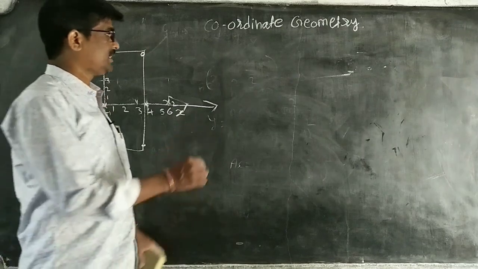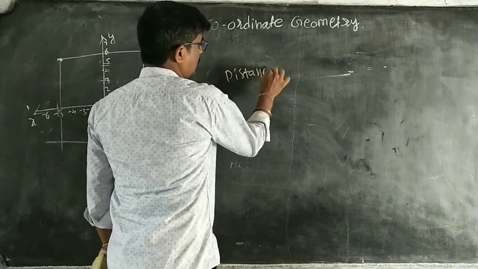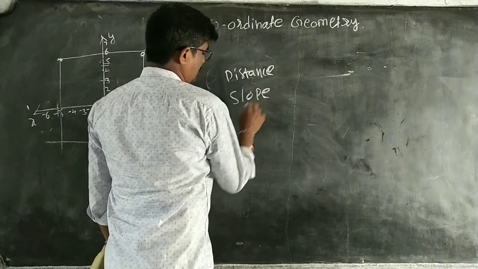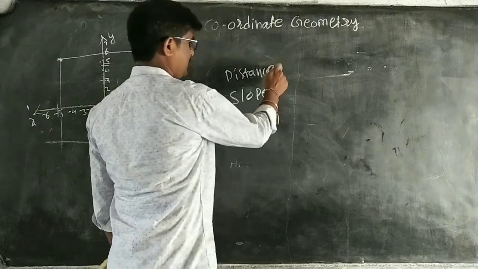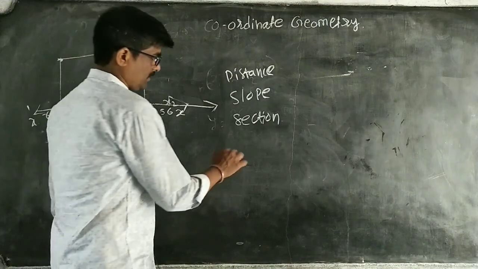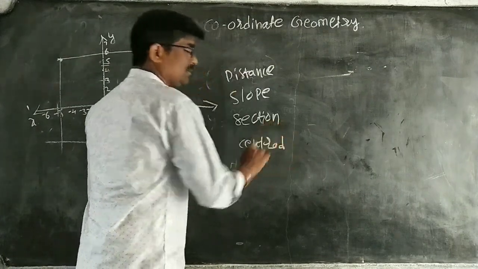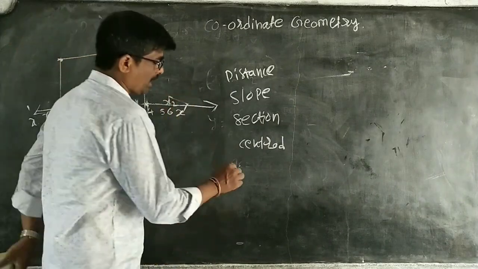Okay. Next, this is the distance formula. Next, slope and section formula. So distance, slope, section and centroid, and area of a triangle.